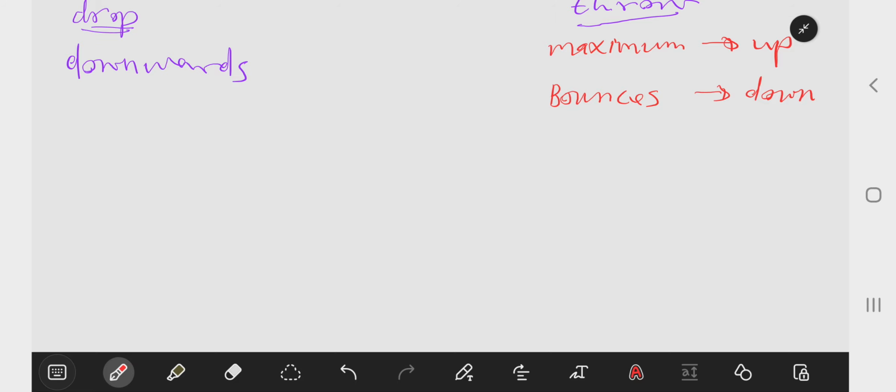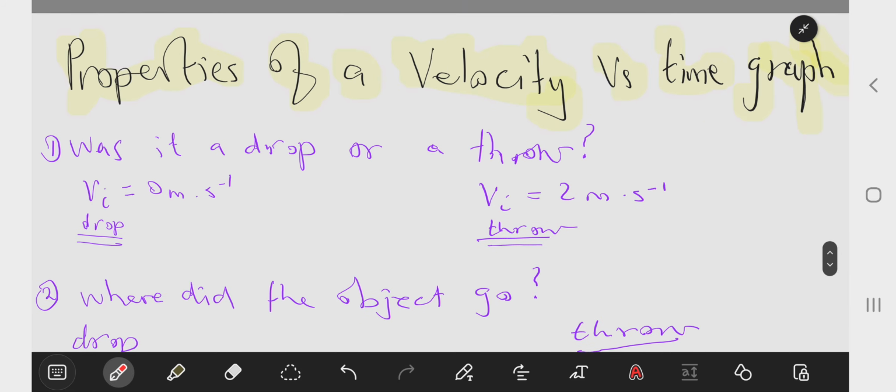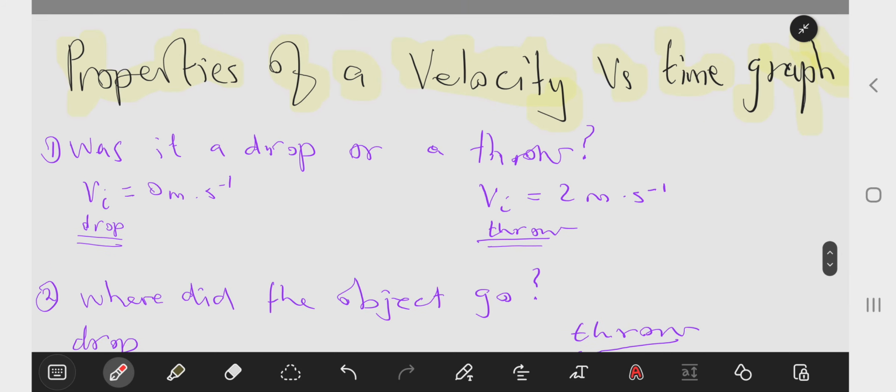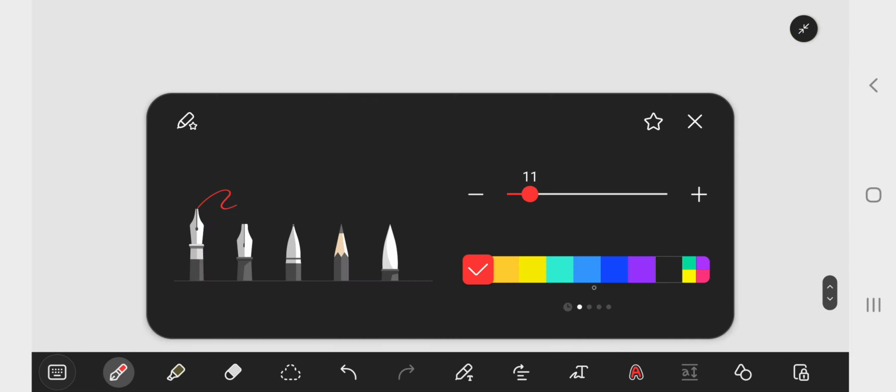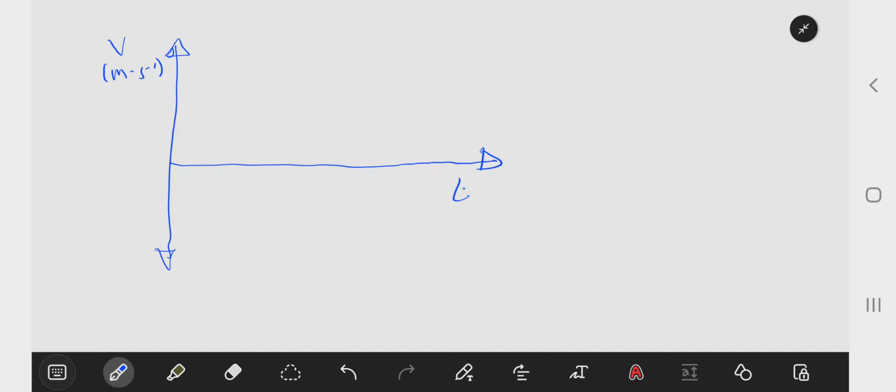But for this video I want to explain the properties of that velocity time graph, okay? So number one, we can see that on the y-axis you have your velocity in meters per second, and on the x-axis you have your time in seconds, and that is your 0 point there at the origin.